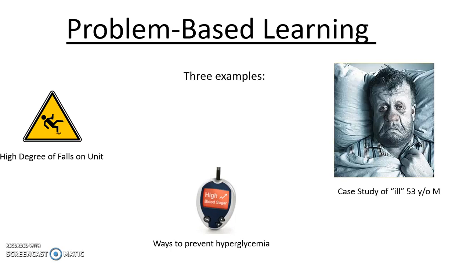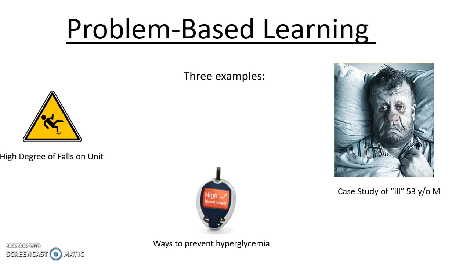For patient teaching, ways to prevent hyperglycemia, this could be a conversation that you have with a patient in order to explain ways to prevent hyperglycemic episodes, instructing patients on the effects of sugar or high carbohydrate foods, what soft drinks have in them and why they're not the best choice on a consistent basis for glycemic control, what infections do to somebody and how it affects their blood sugars.